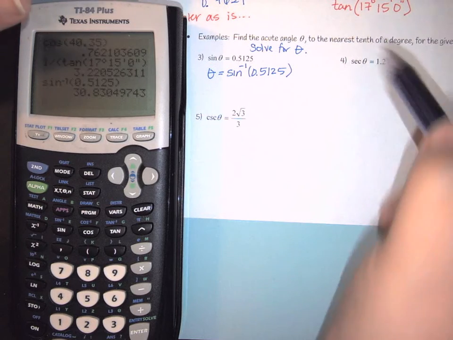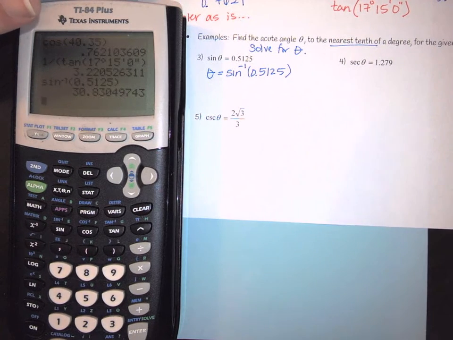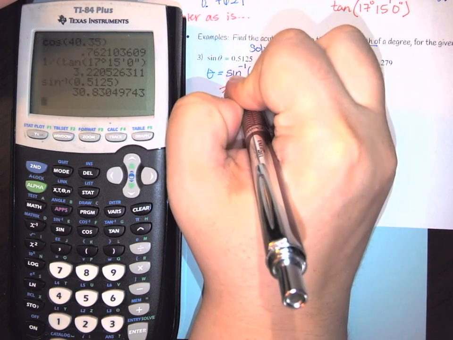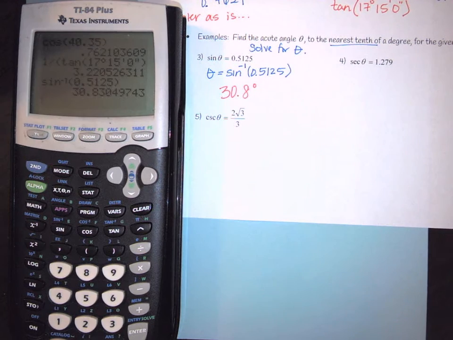Here I want the nearest tenth of a degree, and so that would be 30.8 degrees.